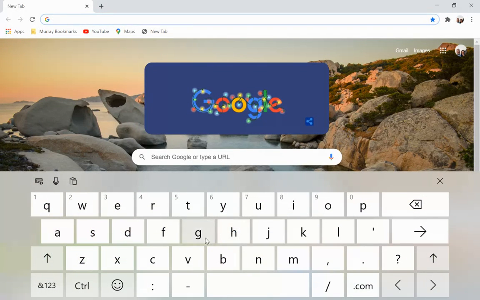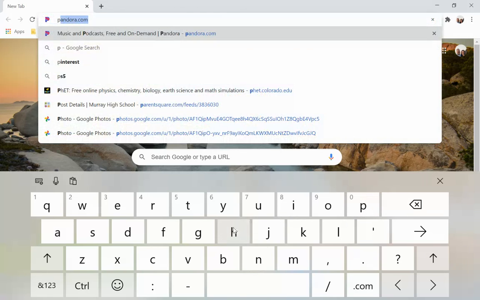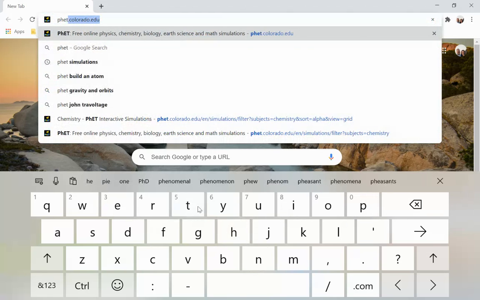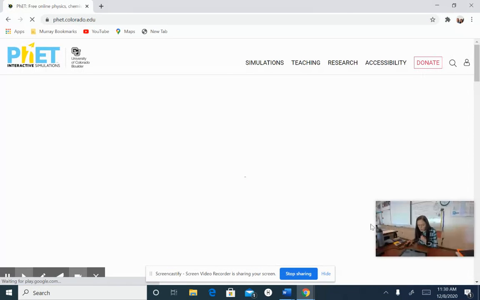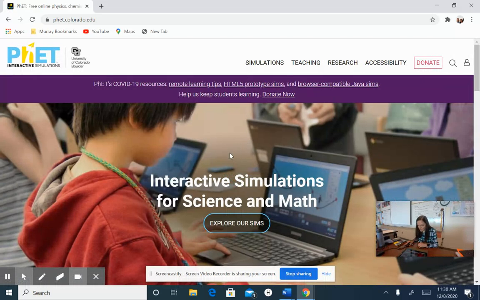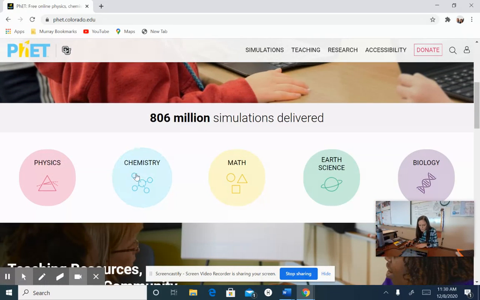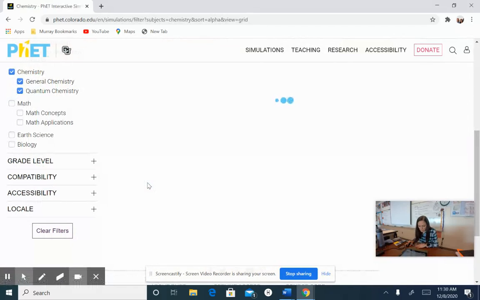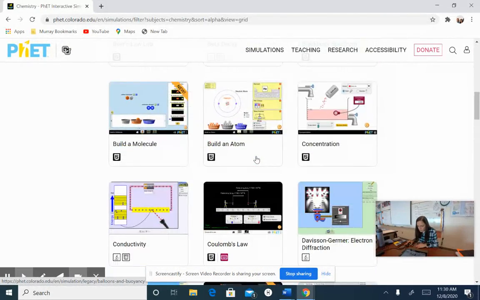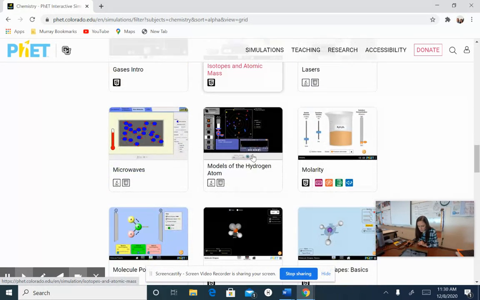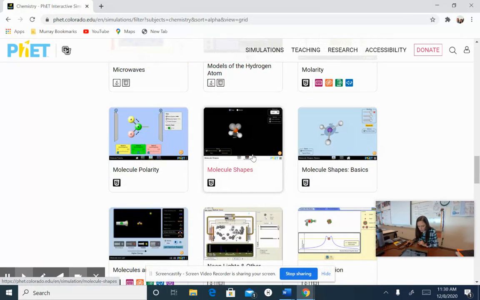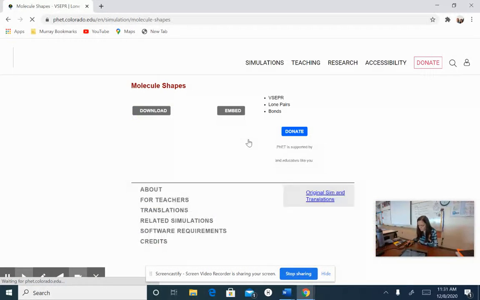So if we type in PhET Colorado, we're going to go to phet.colorado.edu, and we'll probably use this for a lab next time. We're going to go to chemistry, and we're going to look at molecule shapes right here.